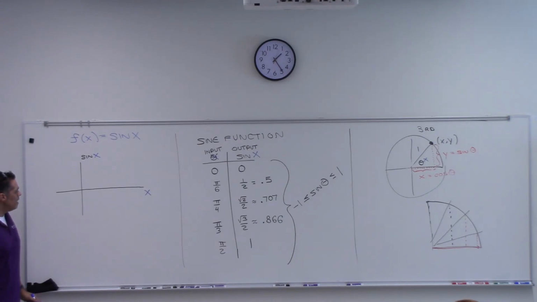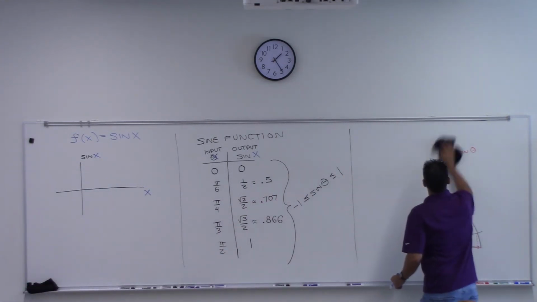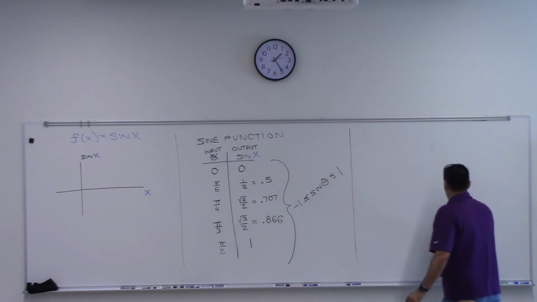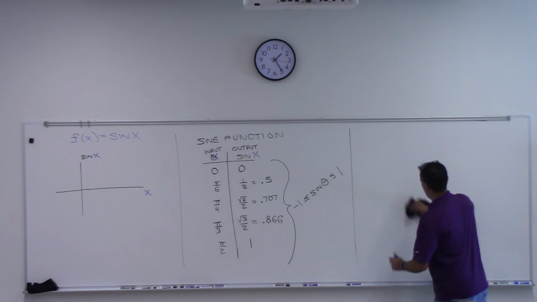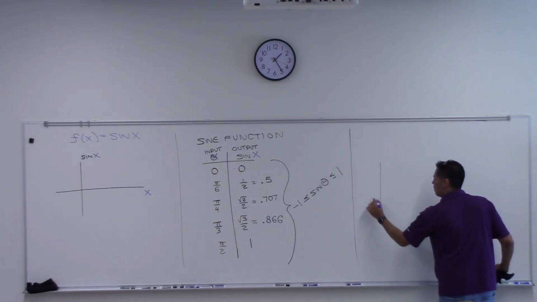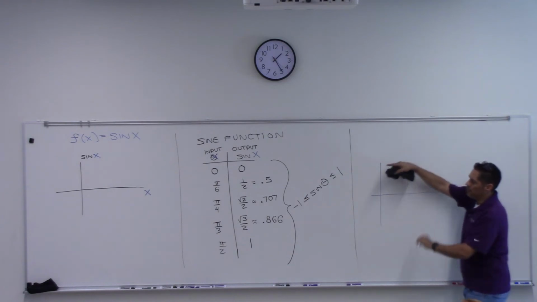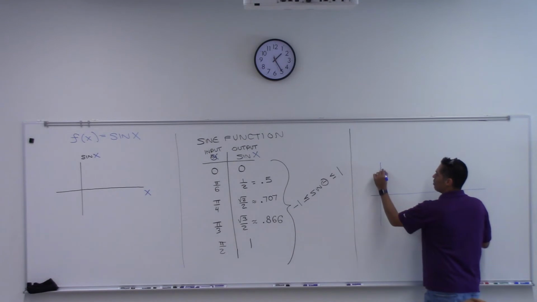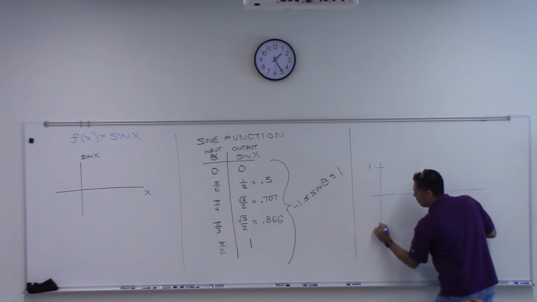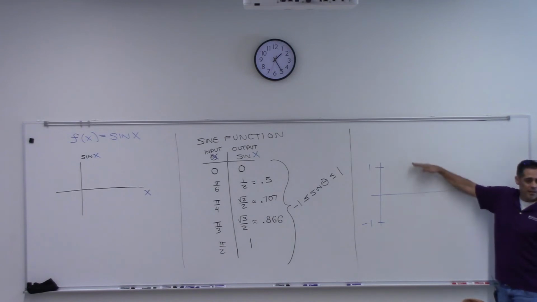So how am I going to plot this? Well, I'm going to do that graph again over here. Here's one thing I know when I go to graph this. The outputs I know are between -1 and 1. So when I draw this, I never have to go past 1 up there and never need to go below -1. My graph is going to have to live between here and here, right?